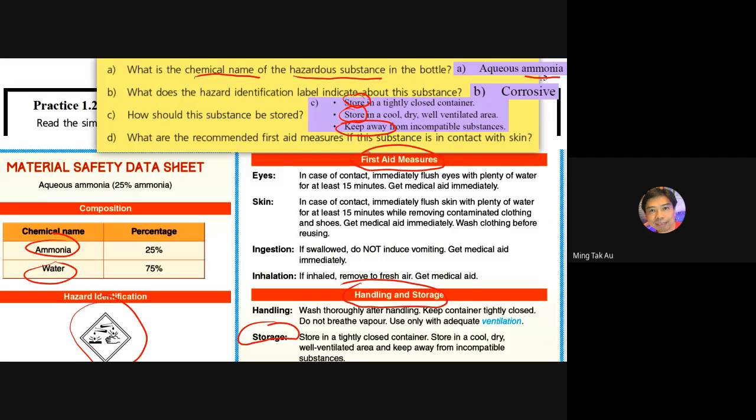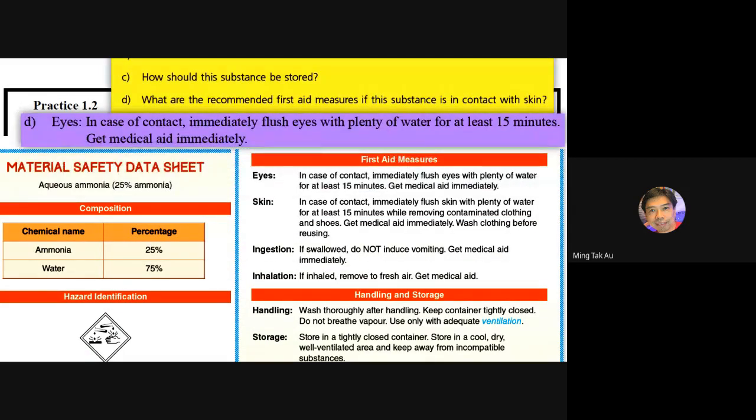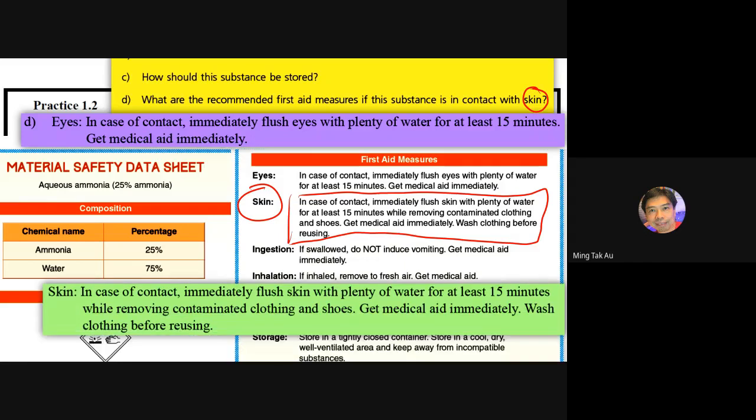And what are the recommended first aid measures if the substance contacts the skin? Contact with skin, so mainly the answer should be here. In case of contact, immediately flush eyes with... So it's about the eyes, and about the skin.